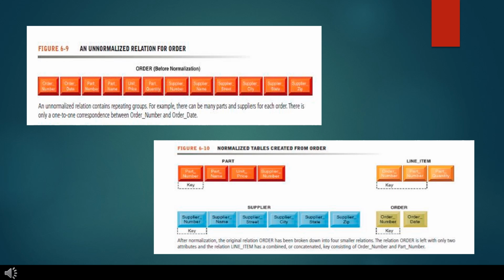While in the normalized tables created from order, after normalization, the original relation order has been broken down into four smaller relations. The relation order is left with only two attributes, and the relation line item has a combined or concatenated key consisting of order number and part number.